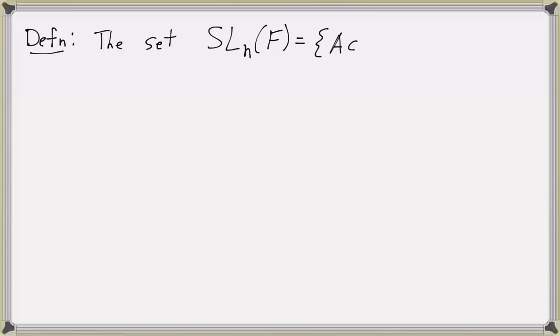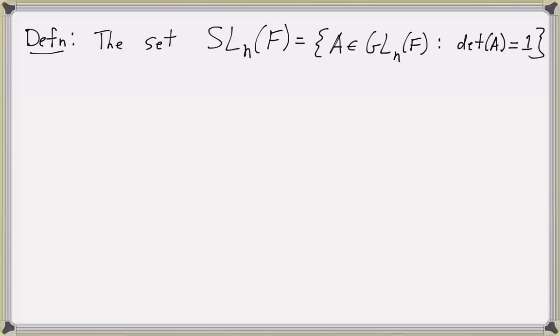This set is called the special linear group of degree n, and it consists of all n by n matrices with determinant 1 and entries in a field F. So we're going to define the set SLN of F, the special linear group, to be the set of all A in the general linear group such that the determinant of A not only is non-zero, but is equal to 1.